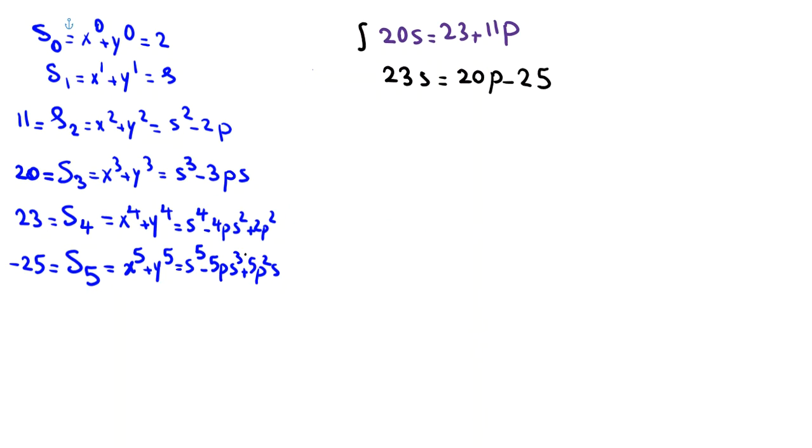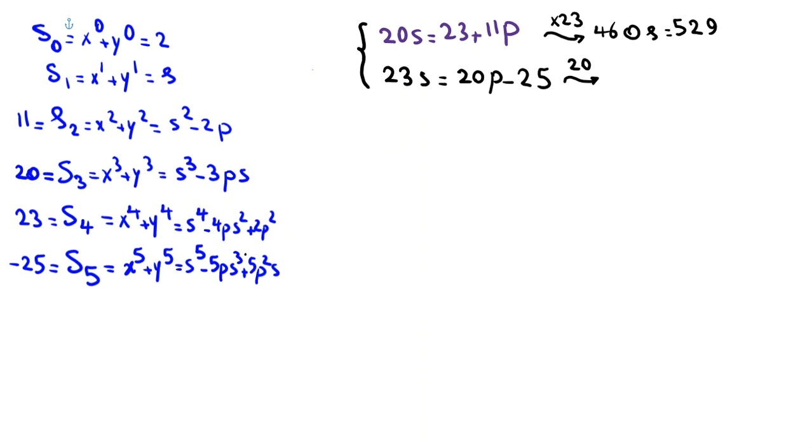Okay, now two equations, two variables. I need to only find s and p to find S6 and solve the problem completely. So because I want to get rid of s, I multiply this by 23. I multiply this one by 20. So it will be what? 0, 2 times this 4, 6s equals 23. 23 squared will be 529.